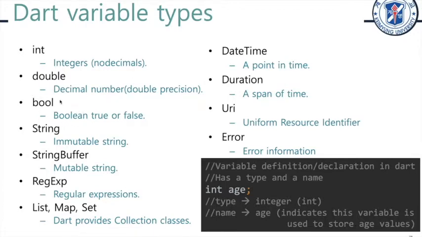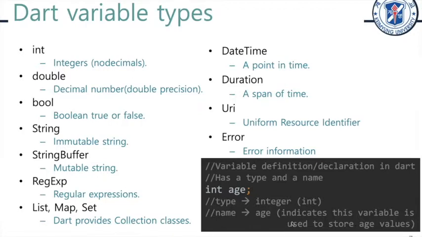Boolean allows us to store true and false, and string allows us to store a sequence of characters. We also have other types of variables, and maybe today we'll see list, map, and set, which provide us with a collection of variables.